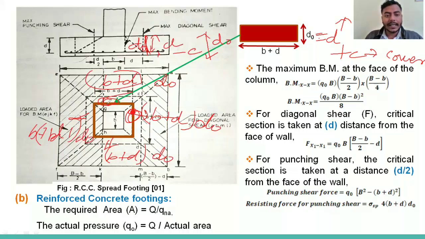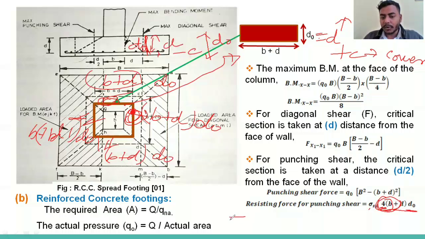You cannot see this area in this figure because this is a 2D diagram and we cannot see the depth perpendicular to this direction. But you have to understand there is a D naught perpendicular to this direction, which I have shown here. So we can write 1, 2, 3, 4, so 4 into each area. Each area is B plus D into D naught. So we have to write the area.